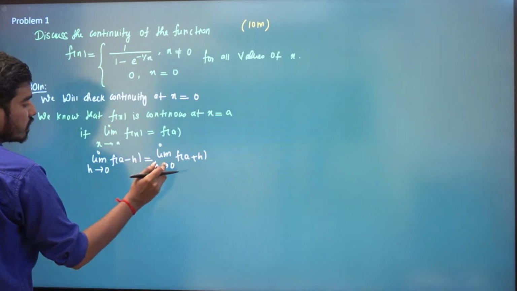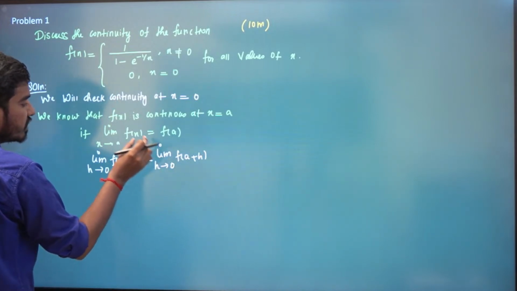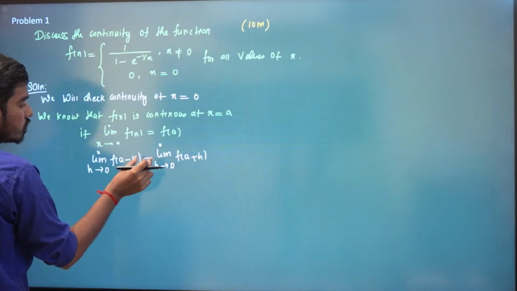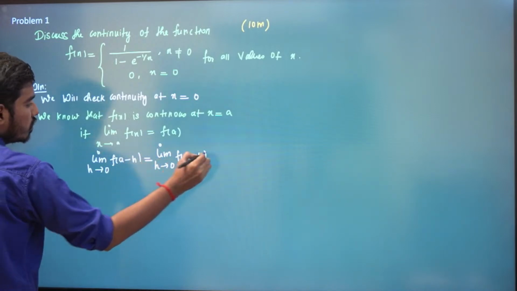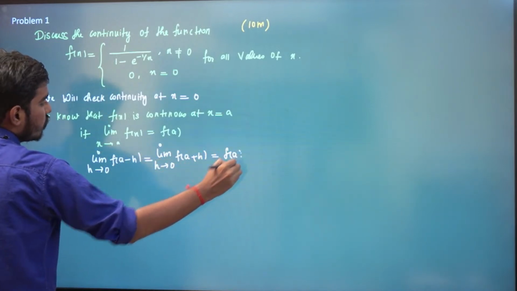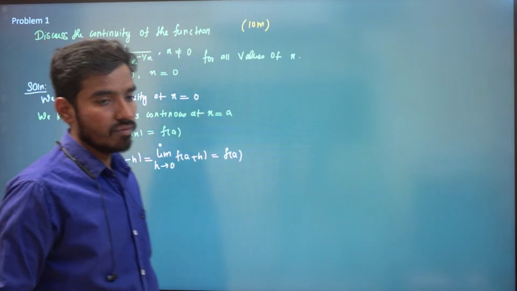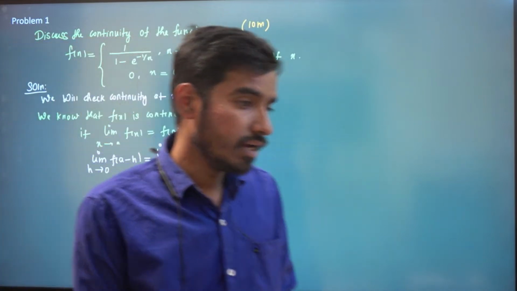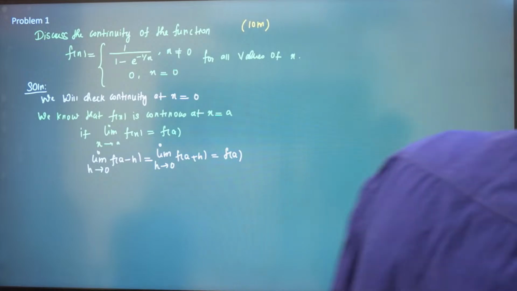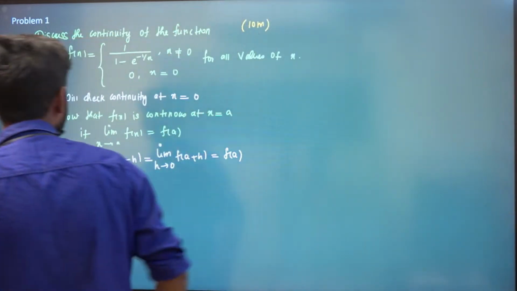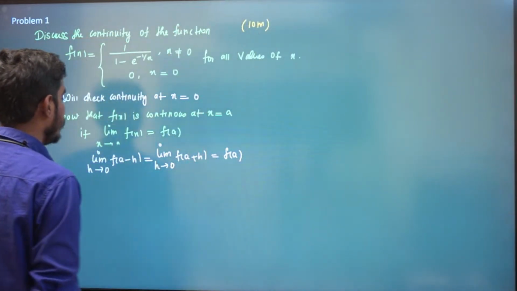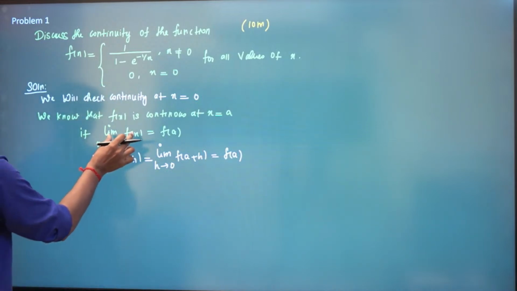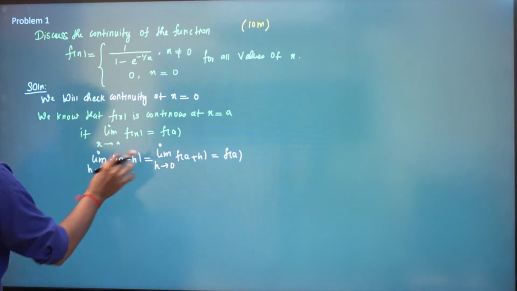So if LHL is equal to RHL, we say limit exists and limiting value is equal to the one which are both equal. If that is equal to f of a, if all three are equal, we say f is continuous at x is equal to a. That is LHL, RHL and function value at a all are equal, right? So for this limit to exist, your LHL RHL has to be equal.